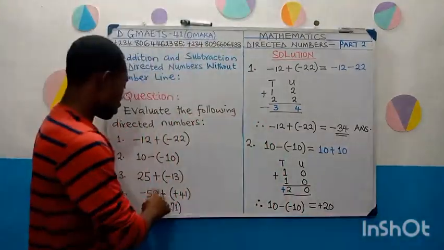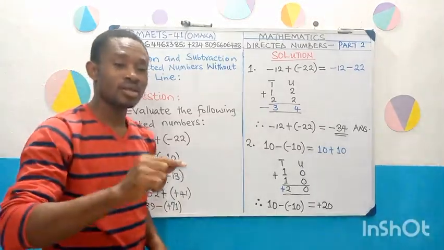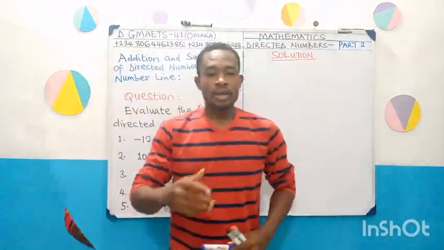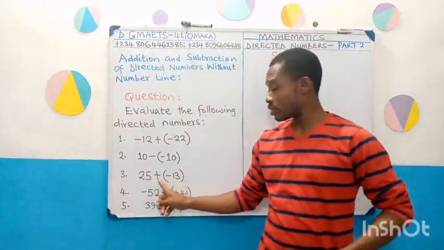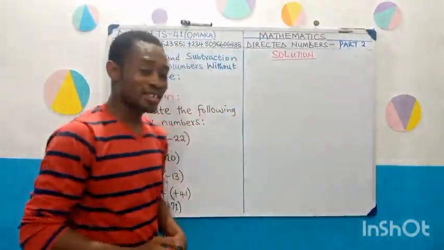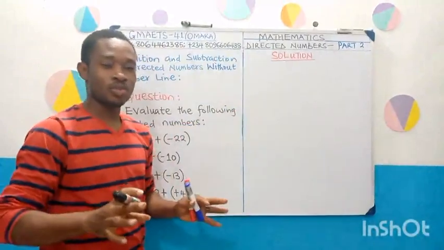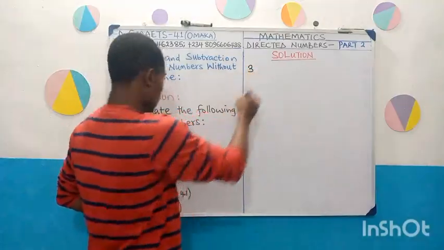Alright, now it is time we're going to solve the third question. 25 plus minus 13. How do we solve this question? It's a simple one, okay? Now you follow along as I show you what to do. Number 3.